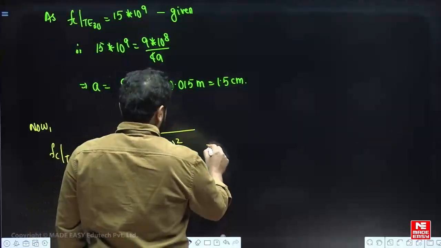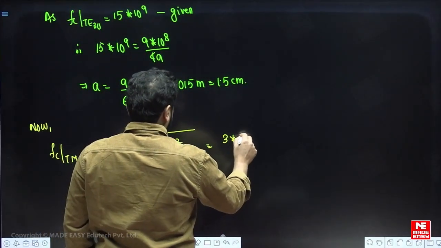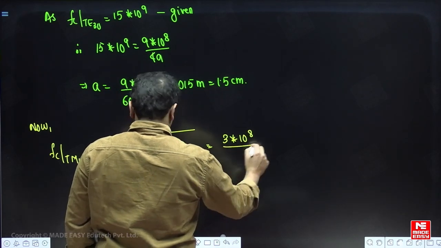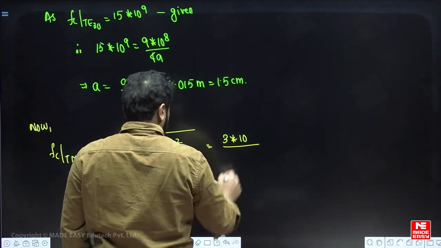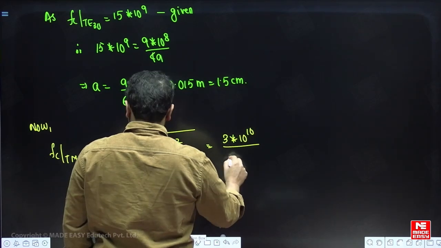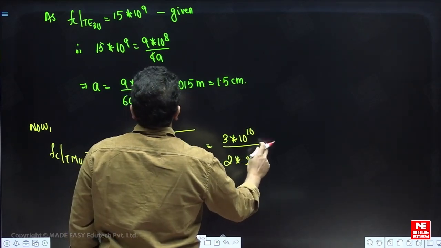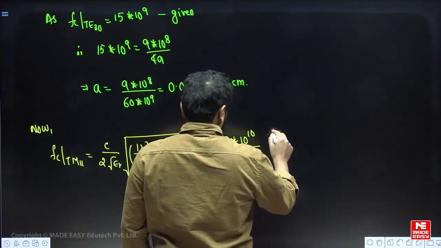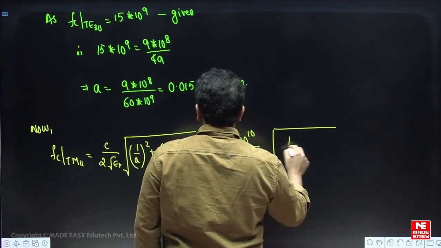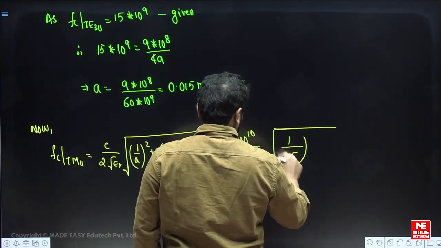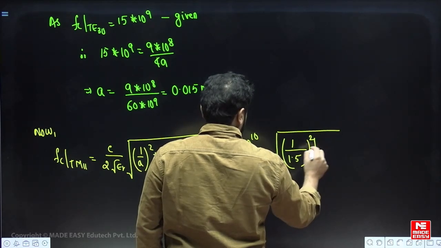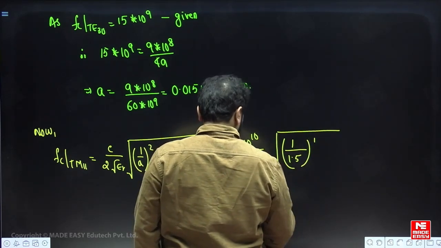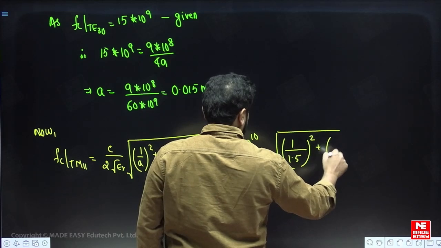So this is how much? It is 3 into 10 to the power 8. Let me consider it in centimeters only, because the options are given in centimeters. 2 into root of epsilon r, which was 2, then 1 upon a, that is 1.5, whole square plus 1 by b whole square.